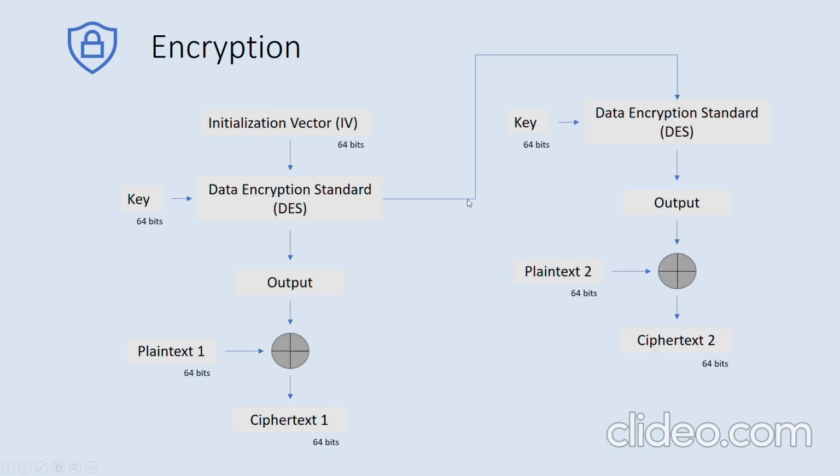For step 3, we have to perform a left shift of the initial vector by j positions for the new initial vector. So as I said, j is 4. And then the initial vector is 10110011. If we perform a left shift, we will get 0011, the last 4 bits.